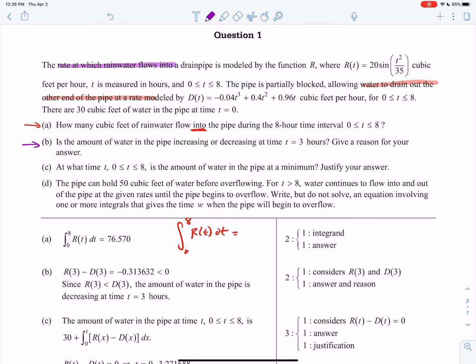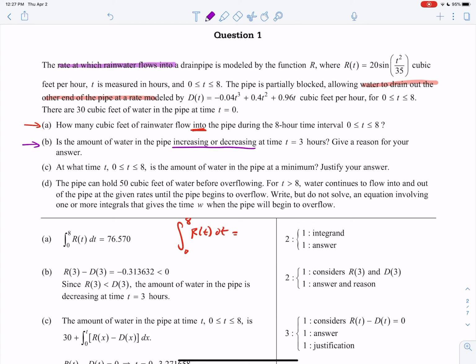Here's part B. Is the amount of water in the pipe increasing or decreasing? If you want to know if something's increasing or decreasing, you check the rates. It goes back to that example I gave in class with the bathtub. You have water that's pouring into the bathtub and then water that's draining.